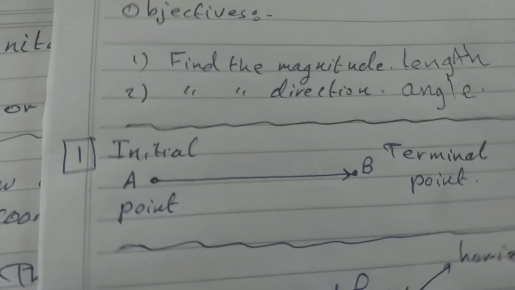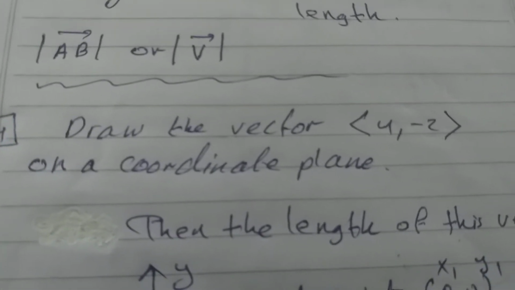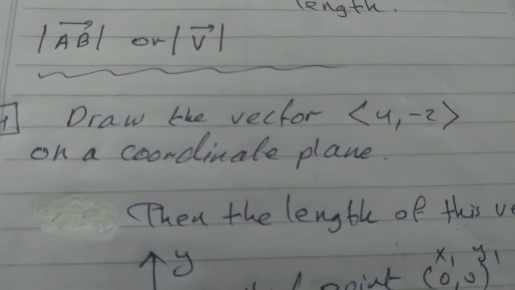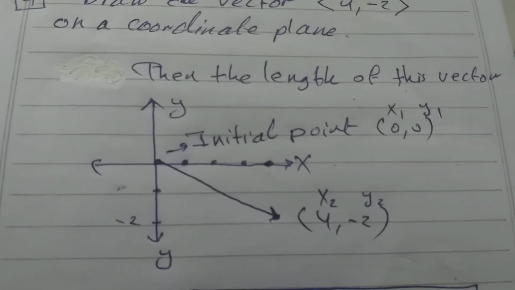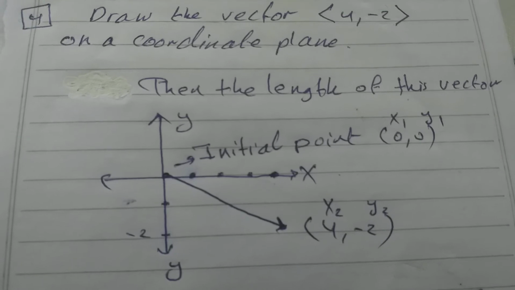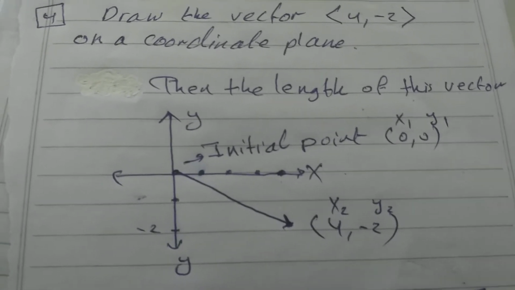Now, you are asked to determine what is the initial point and what is the terminal point. Look at the coordinate plane. The initial point is always the origin, 0 with 0, and I'm going to give it x1 and y1 as coordinates.